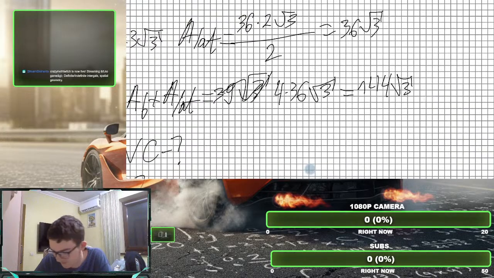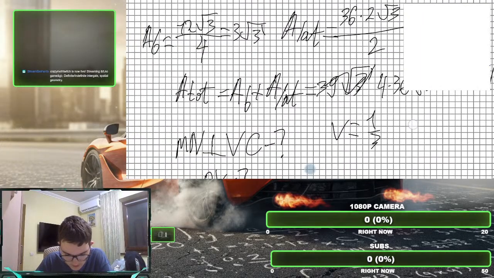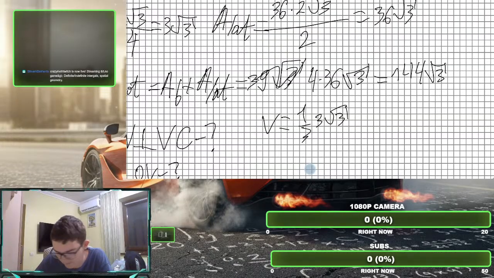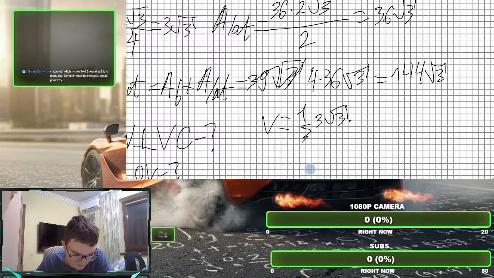Now the volume, thank God, has the same formula, like usual. Area of base 4 square root of 3, and times the height, and of course the height is what the fuck?